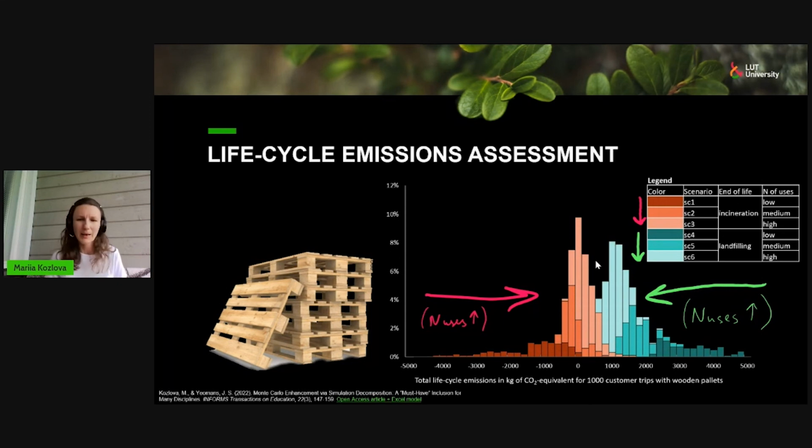The faster you burn the pallets, the more you are able to burn in the same period of time, the more negative emissions you produce. So this is quite an insight for a company that attempts to be environmentally responsible and wants to show some nice numbers in their reports. But there is also something to think about for policymakers, right?